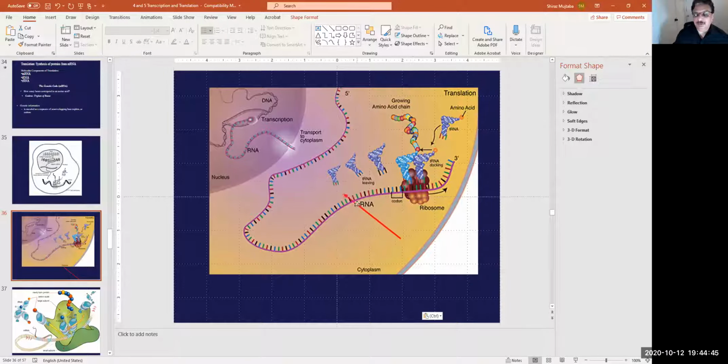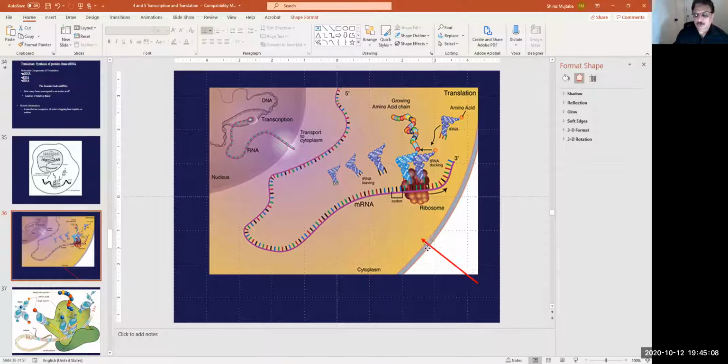So single amino acids are brought to the mRNA at the surface of ribosomes by the tRNA. On the surface of the ribosome, the tRNA and mRNA talk to each other, they bind to each other, and then there is a covalent bond formation on the larger subunit of the ribosome, right?